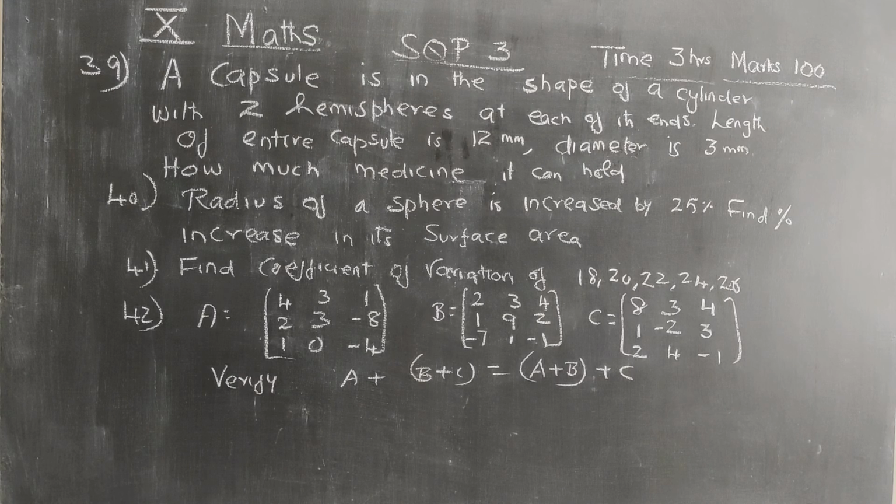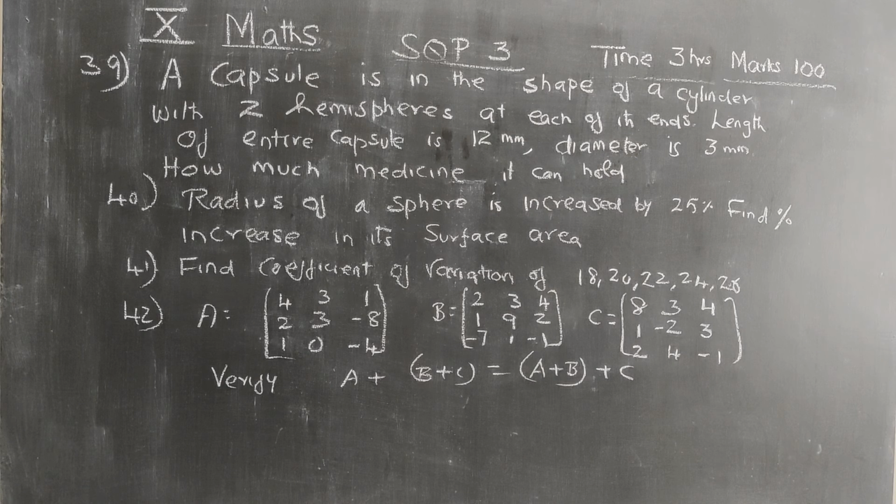Question number 40. Radius of a sphere is increased by 25%. Find percentage increase in its surface area. Question number 41. Find the coefficient of variation of 18, 20, 22, 24, 26.